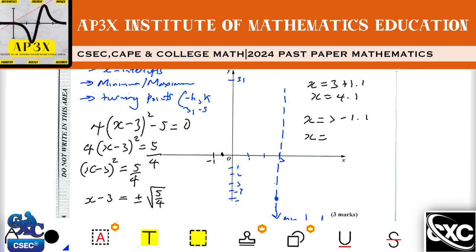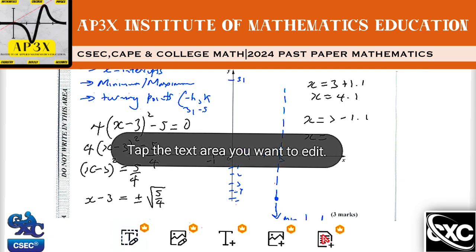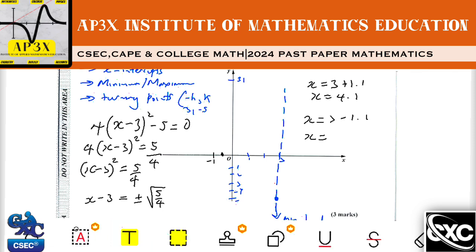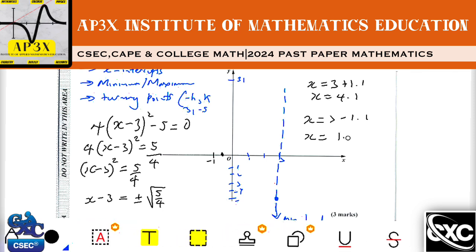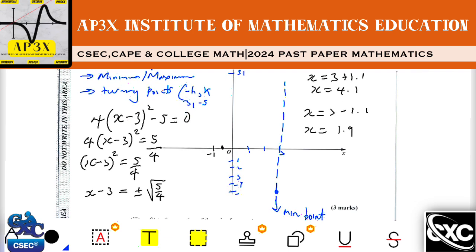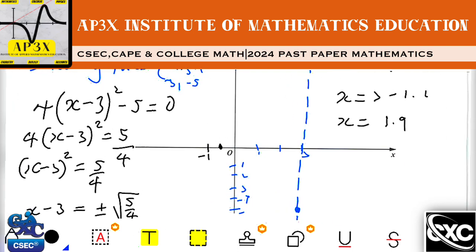We end up with 1.9. Let's see if this makes more sense for our graph. So that's 1.9. So then 1.9 would have been very close to 2. So let's see, 1.9. So this is 1, this is 1.9, very close to 2.